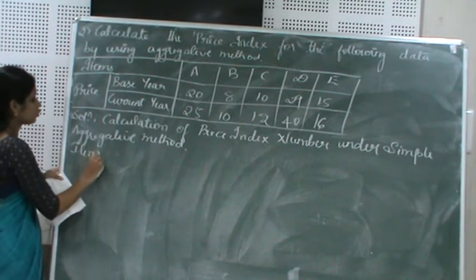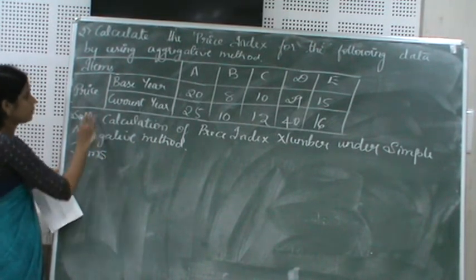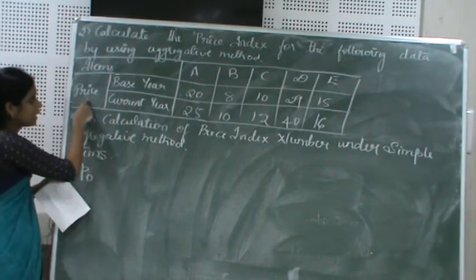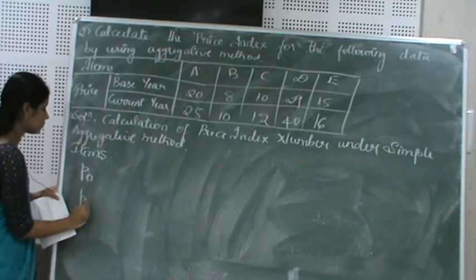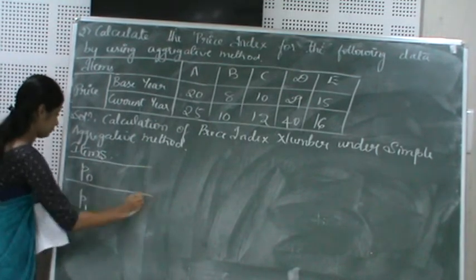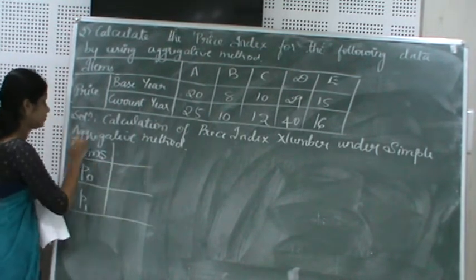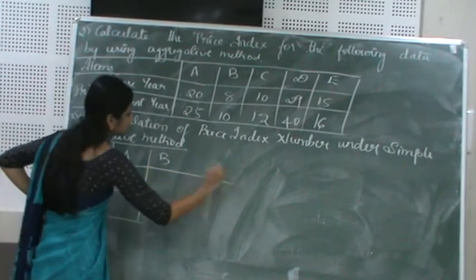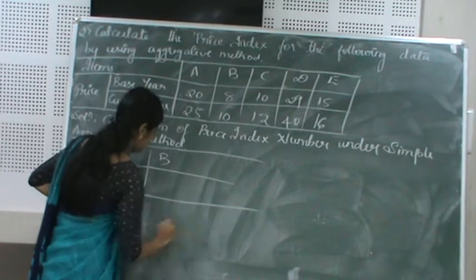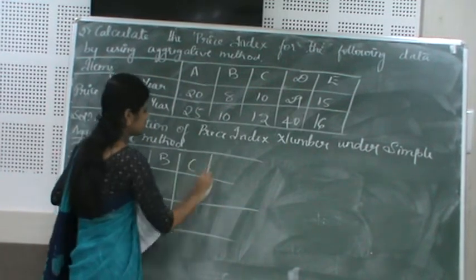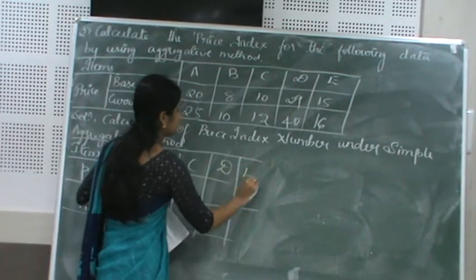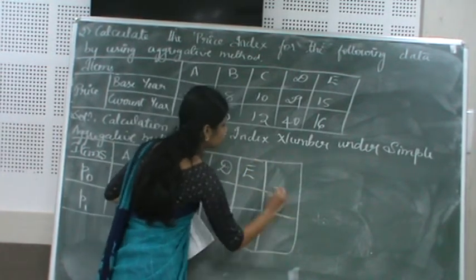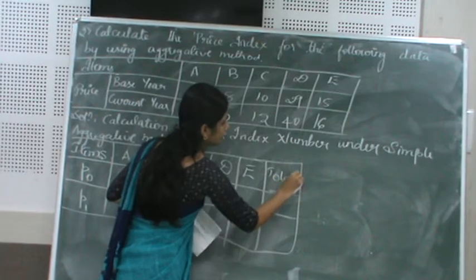First column is items. Second column, prices of base year, is denoted by P0. Next, prices of current year is denoted by P1. The items are A, B, C, D and E. Five items are given, and lastly we are going to draw the column as total.